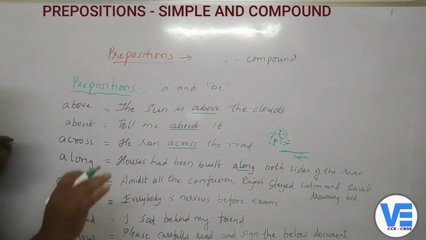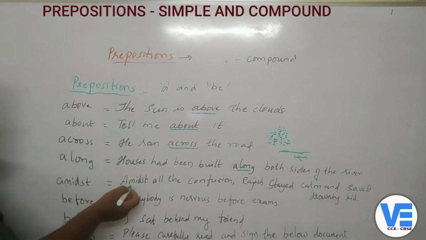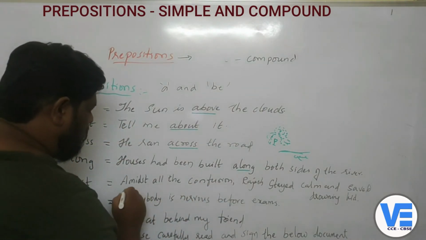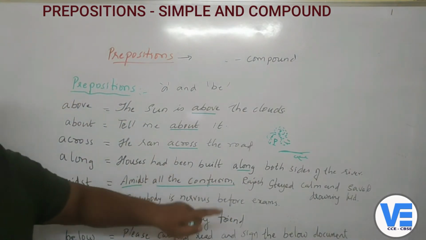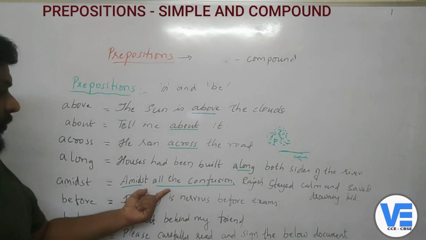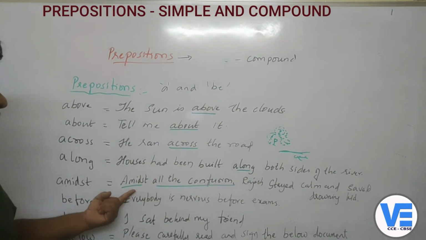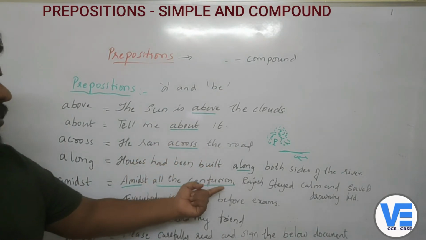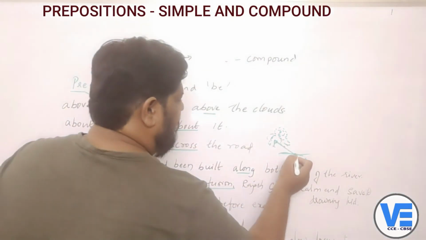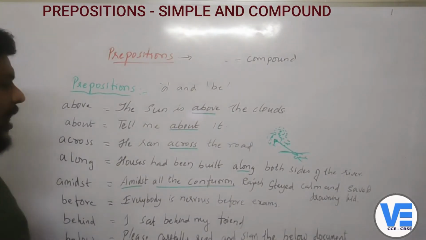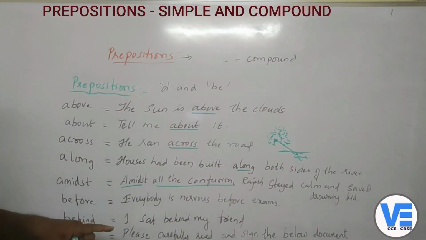In spite of that situation, amidst all the confusion made by all the people, Rajesh stayed calm and this man saved the drowning child. So amidst means in a group.